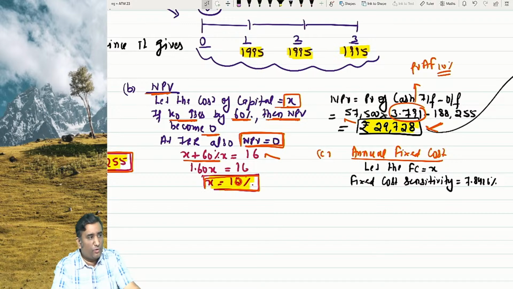It says you have to find what? Annual fixed cost, third part. Now when you have to find annual fixed cost, sensitivity of annual fixed cost means what? If annual fixed cost changes by 7.8416, NPV would become what? 0, no doubt.